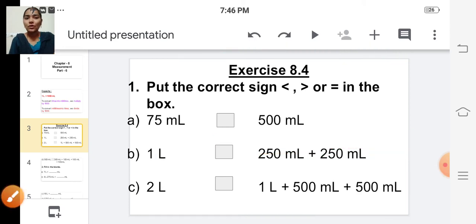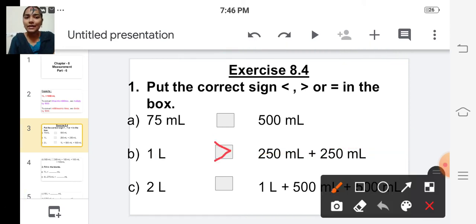So 1 liter is greater than 250 milliliter plus 250 milliliter. Have you all understood, children? So in the first step, we have to simplify this into single term. Then we have to check both the units are same. If not same, then we have to convert one unit into the other unit, and then only we have to compare.